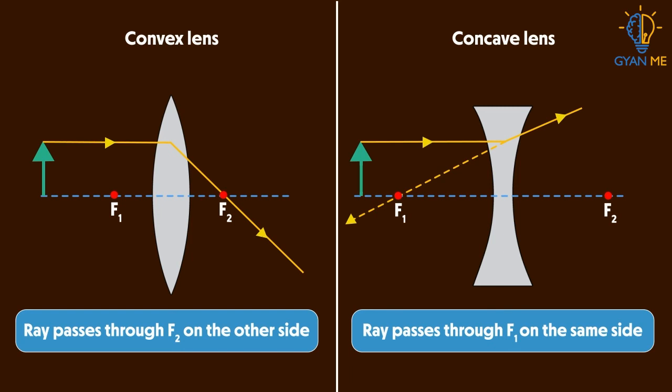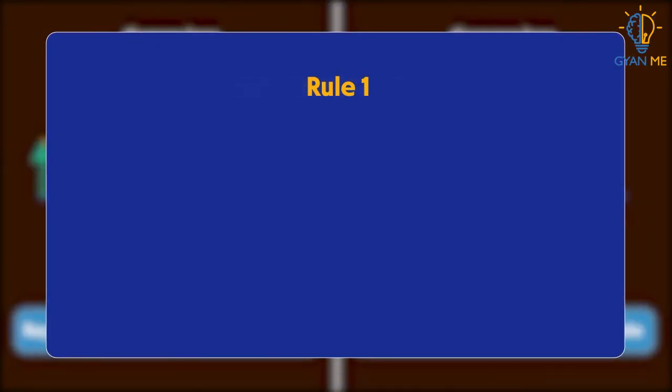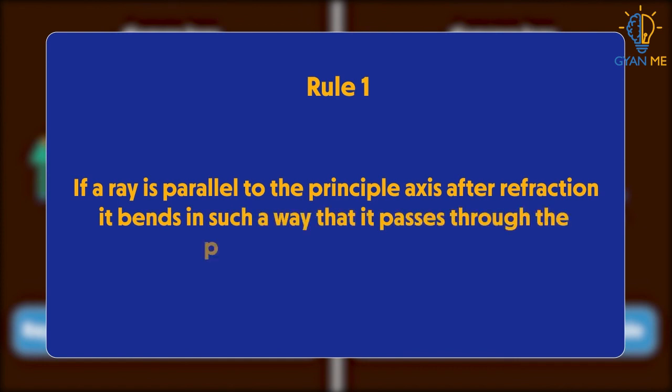Yes, it appears to pass because we have extended it back. And yes, on the same side as the incident ray. So we can say what rule 1 says: if a ray is parallel to the principal axis, after refraction, it bends in such a way that it passes through the principal focus of the lens.